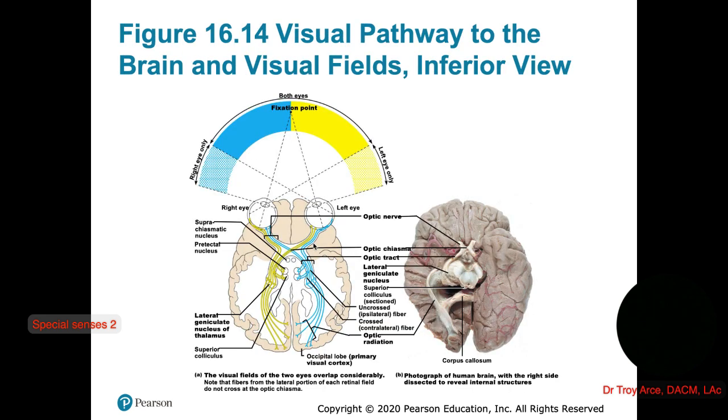So here's a picture. You have some artwork to the left and the actual brain off to the right. The corpus callosum is pretty interesting. On the bottom, it communicates between the left and right halves. But here we have the visual pathway to the brain in the visual fields.